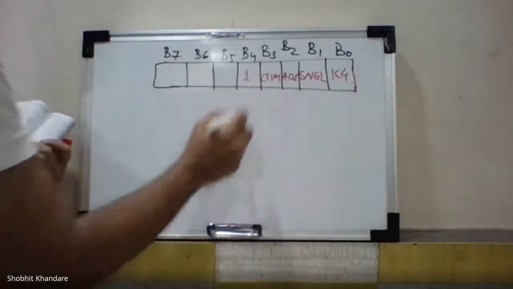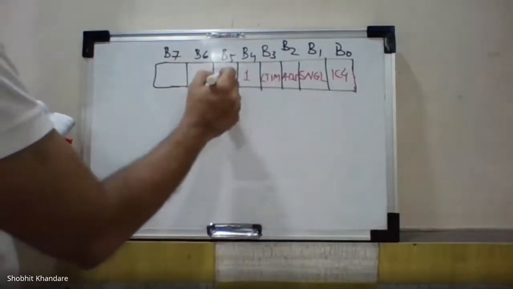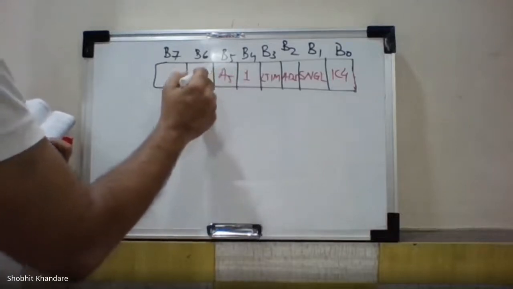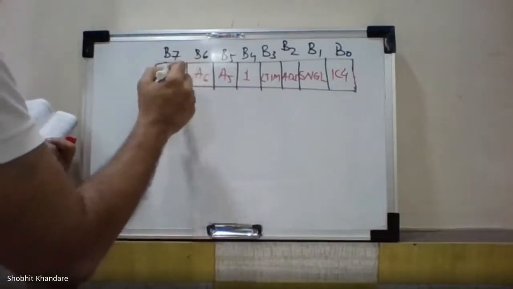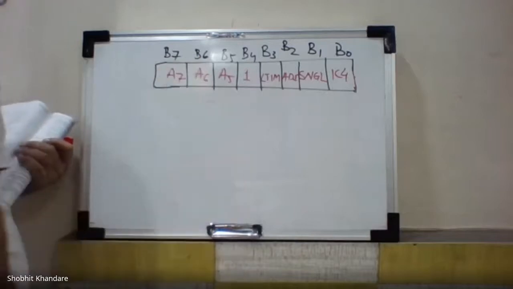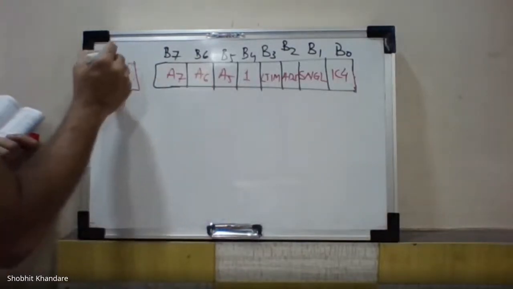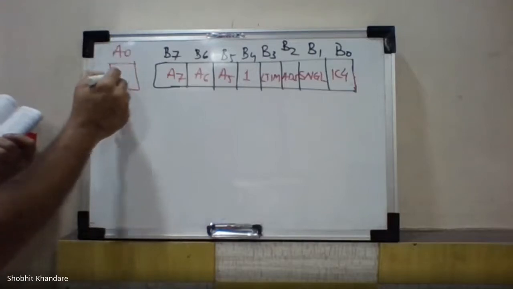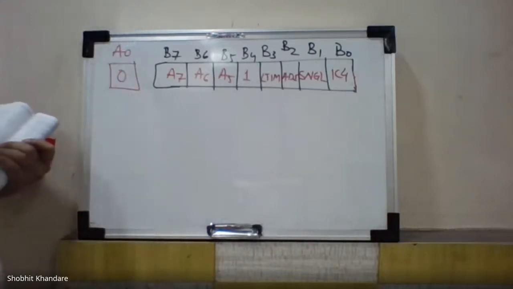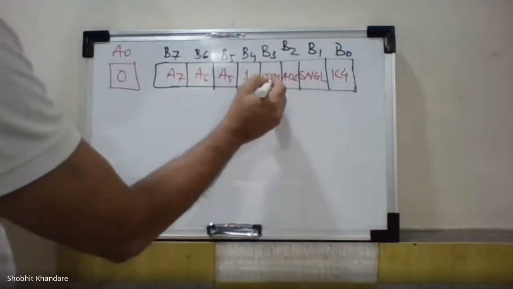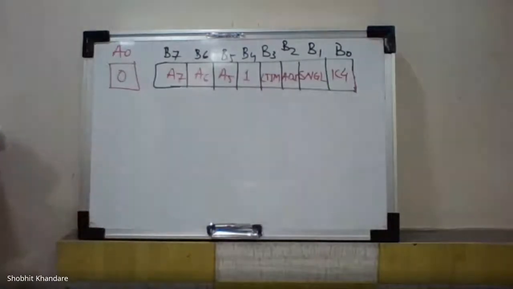This is 1. This is A5, A6, and A7. And if you want, I will just write down separately, this is your A0, which should be 0. Sir, what is in B3? LTIM.